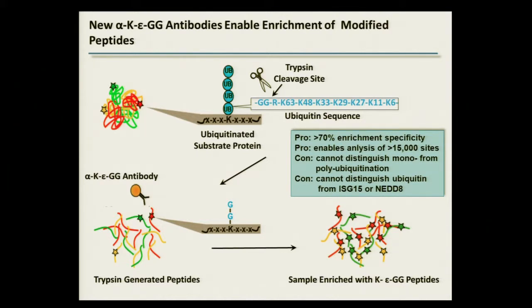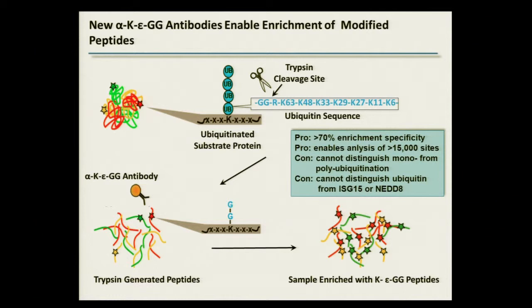So trypsin not only cleaves your protein of interest, but also the ubiquitin side chain. And the only thing that's left over after tryptic digest is this KGG residue. And you can use an antibody that is specific against this KGG peptide to enrich for those peptides.